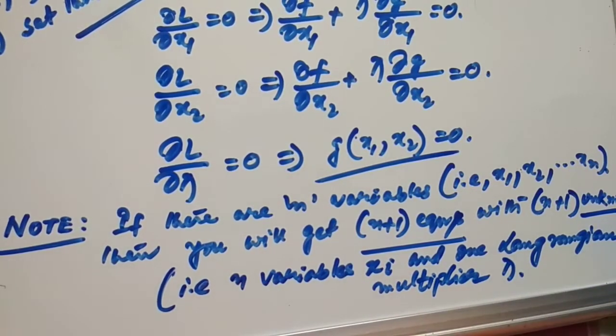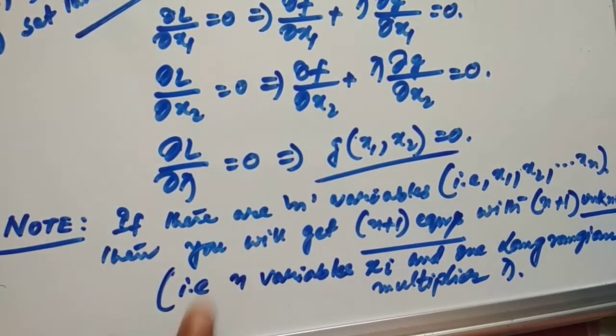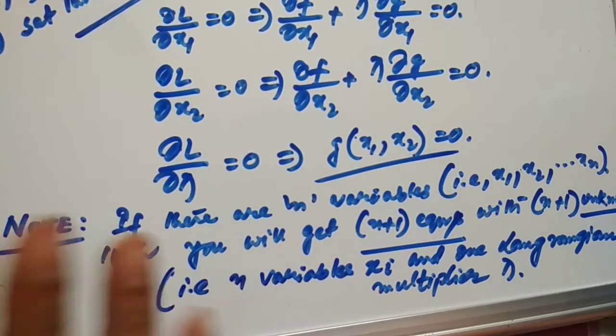First we will see the different steps and make a note. Then according to the steps we have to find the Lagrange multipliers, or find the optimal of a given problem.